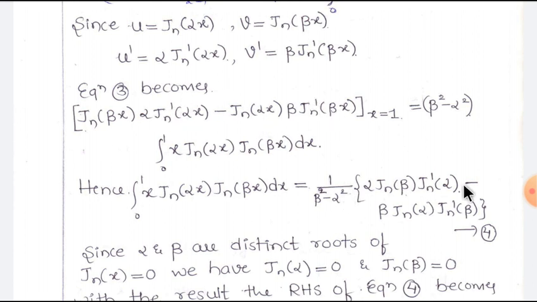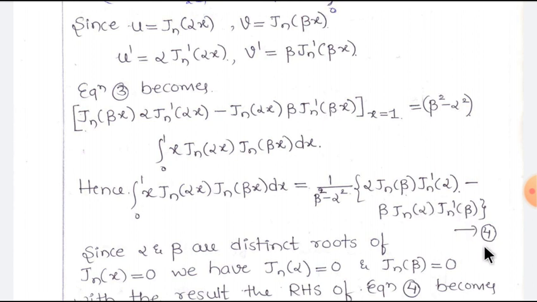Take this term as it is. Alpha is a constant, so write first alpha into Jn of beta into Jn dash of alpha, minus, beta is a constant term, so write first Jn of alpha into Jn dash of beta. Call it equation 4.